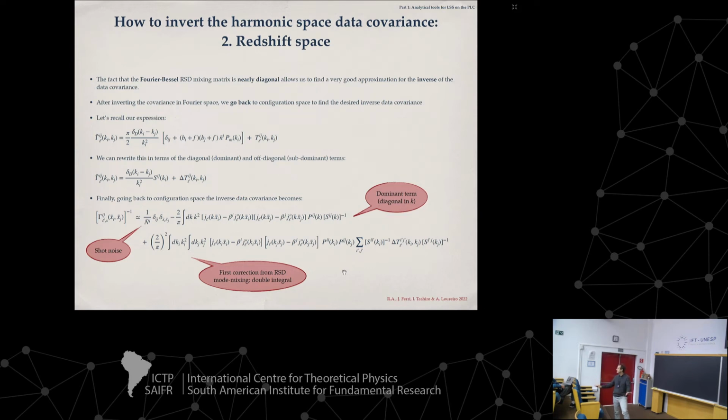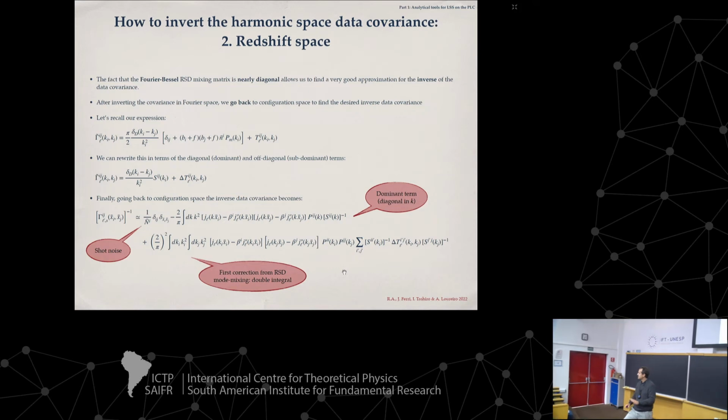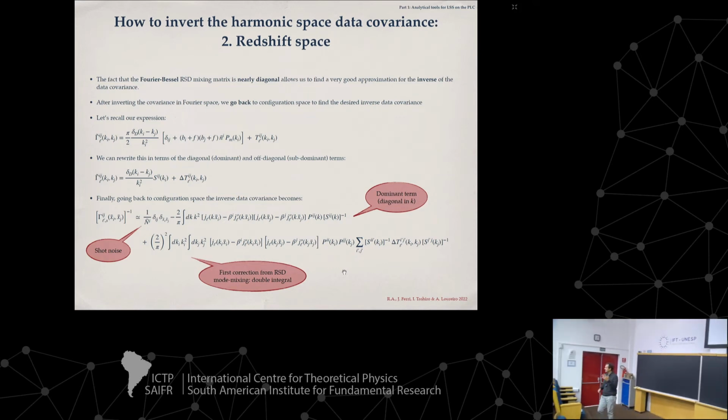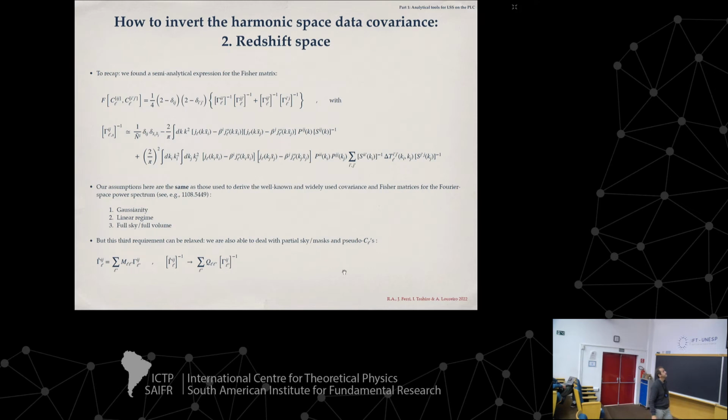There's no way that you can do this with more than, I don't remember, Artur Loureiro, our other collaborator, is the one who gave us the number, but I think it's more than 15 or 12 slices or something like this. It's just impossible to do with Flask or even the new version, which is called Glass, which I think they are about to release. But you can do this analytically in the linear approximation.